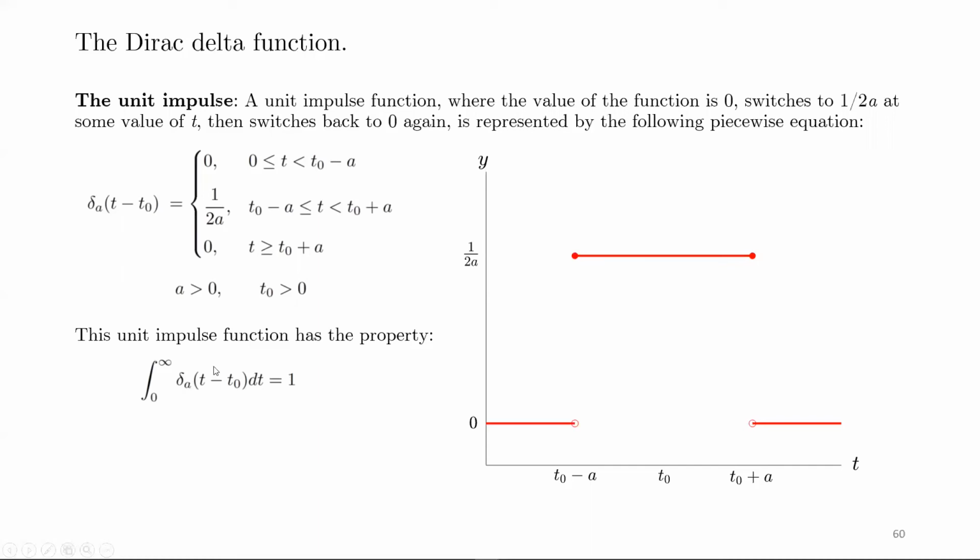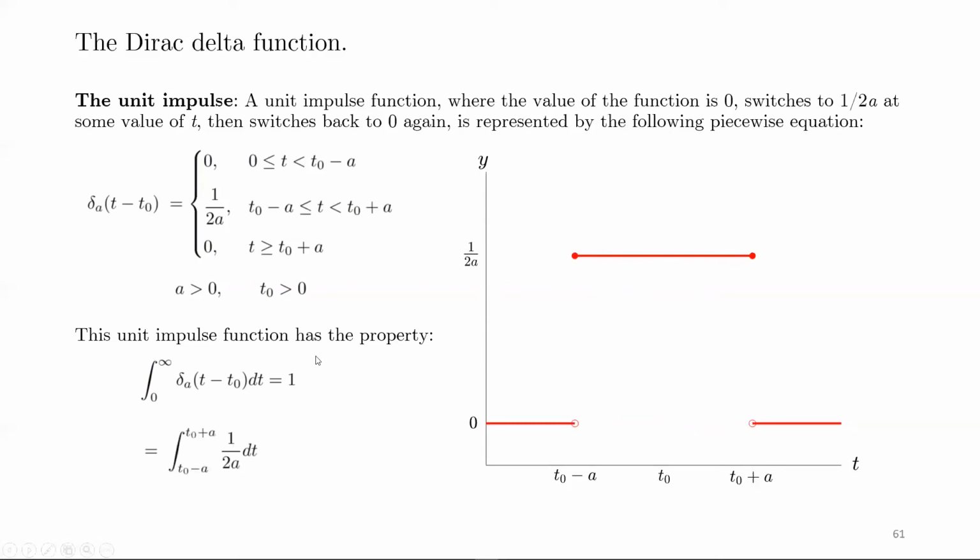If a becomes smaller, then the width of this unit impulse becomes smaller, but the height becomes larger because we're dividing through by a smaller number, 1 over 2a. So this function is designed in a very specific way. As you close this gap, the impulse becomes larger in such a way that it always has an area of 1 underneath the curve, no matter what the value of a is.